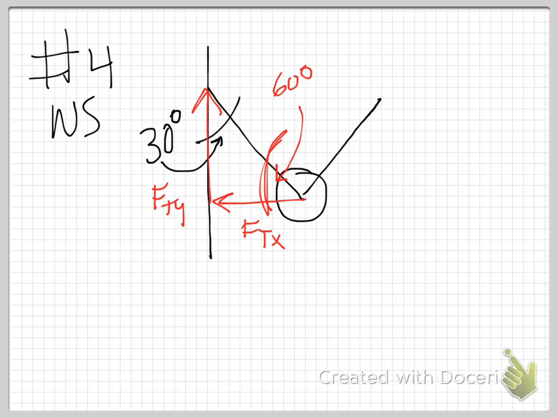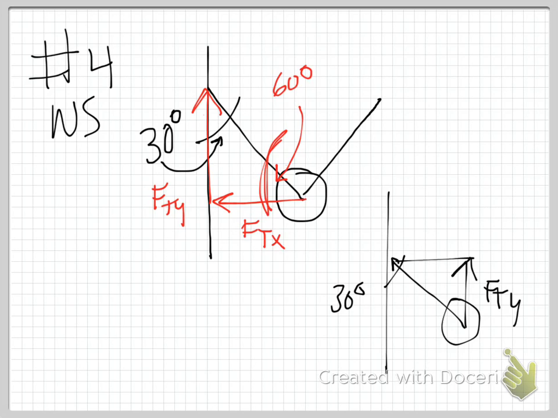Well, you're using the angle that you're figuring from. Yes. You can, if you flip that. So if you did 30 here, and you did your f of ty here, and your f of tx there, then that's 30.